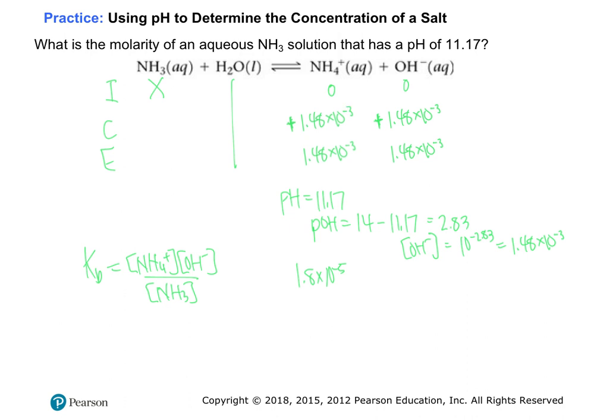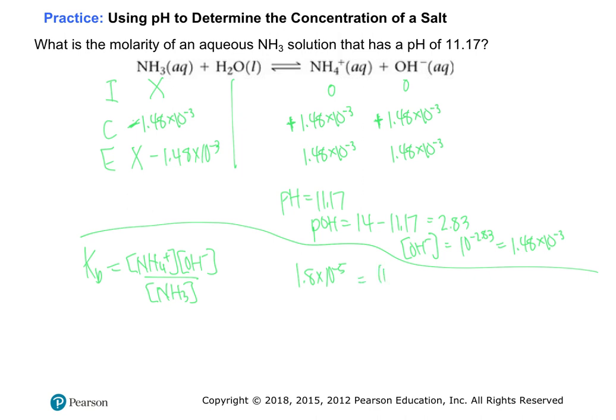And then I know that is how much my reactant had to lose. So minus. So at equilibrium for ammonia, I have x, how much I started with, minus 1.48 times 10 to the negative 3. So what I'm going to do is put that into my Kb expression.